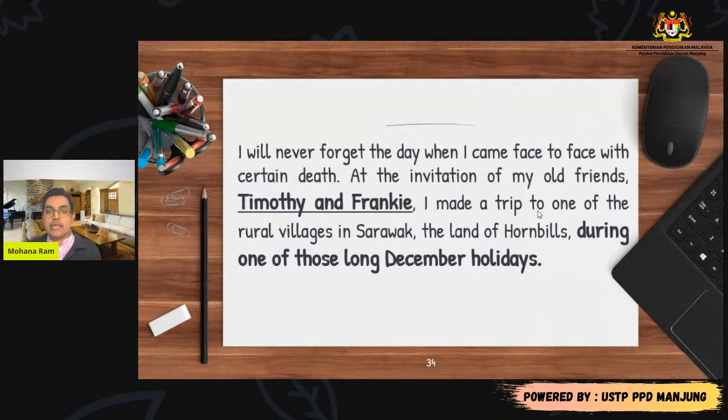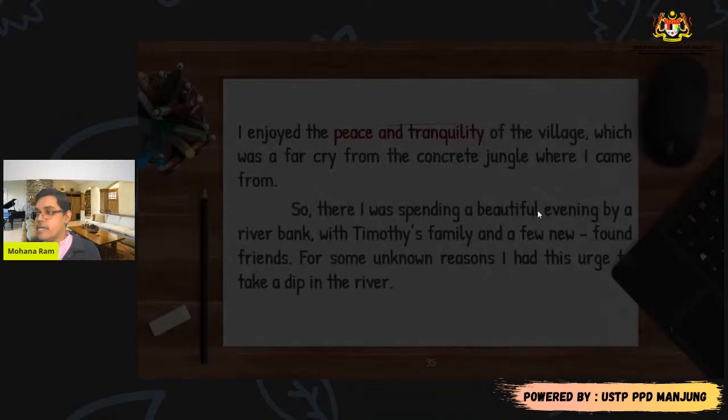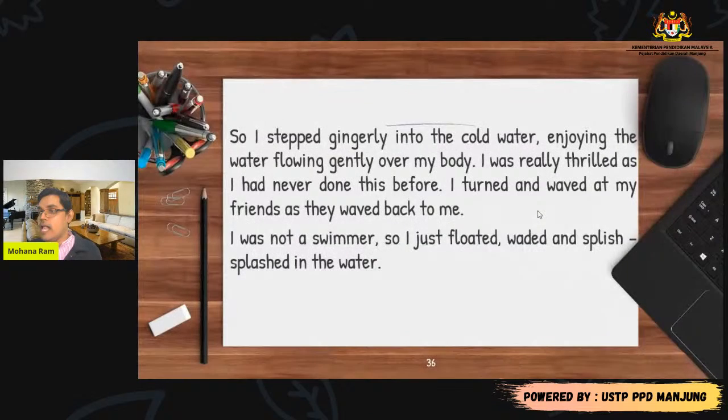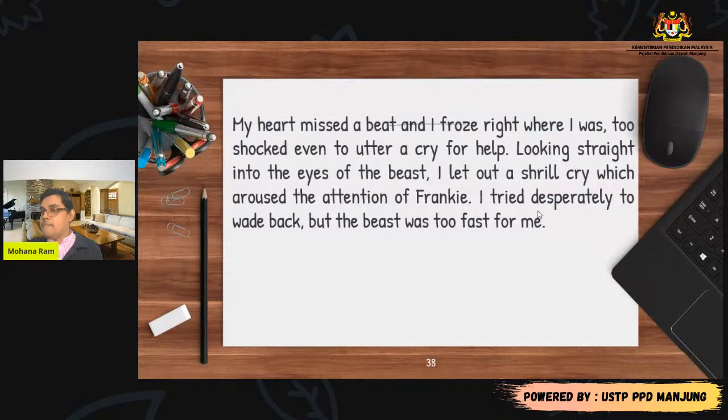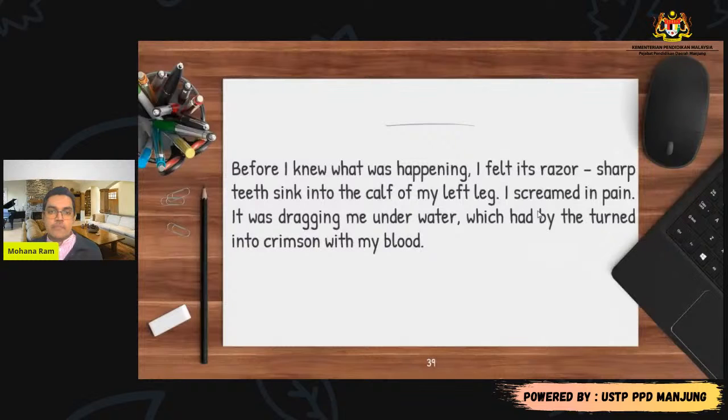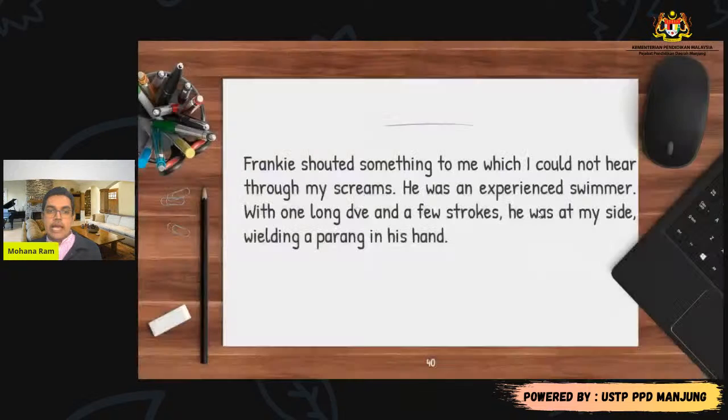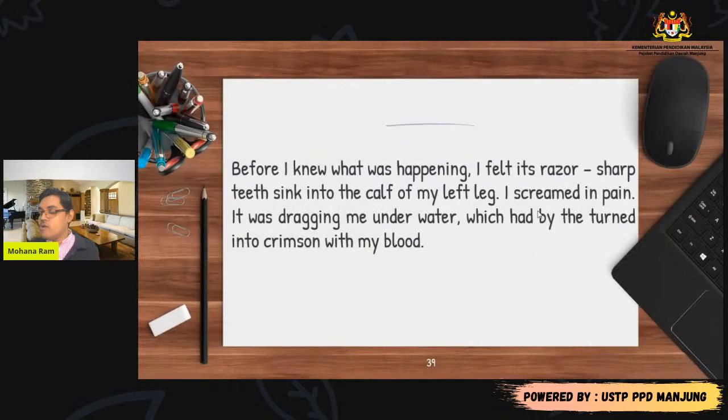For example, in this part, when he was asking for help, when the friend says, which part, I forgot. Sorry, the next paragraph. You see, Frankie shouted something to me which I could not hear. The next one, you can also see before that, I screamed in pain.